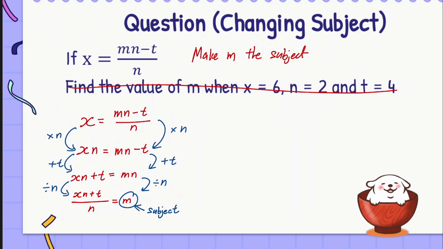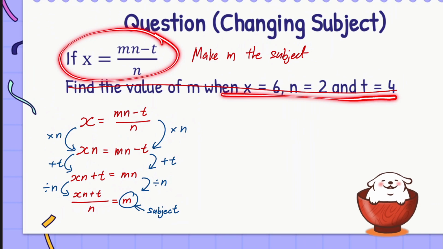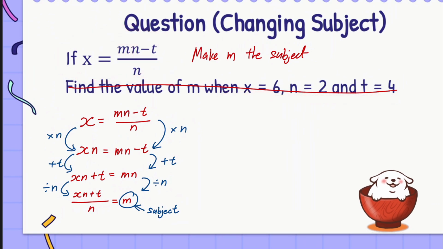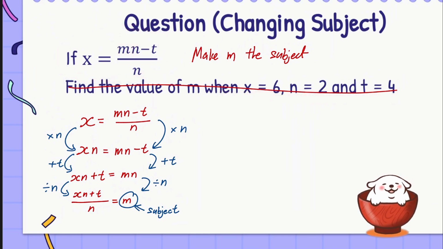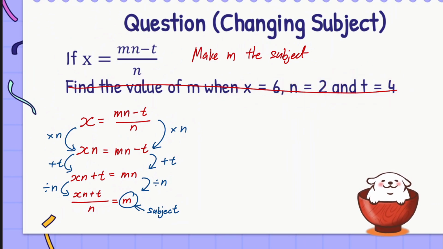And for the last and the most challenging kind of question is when you are given an equation without any known values. How do we make one of the variables a subject? Right? So the only difference between this and the previous part is that instead of multiplying and dividing values or known numbers, we just multiply and divide by variables.